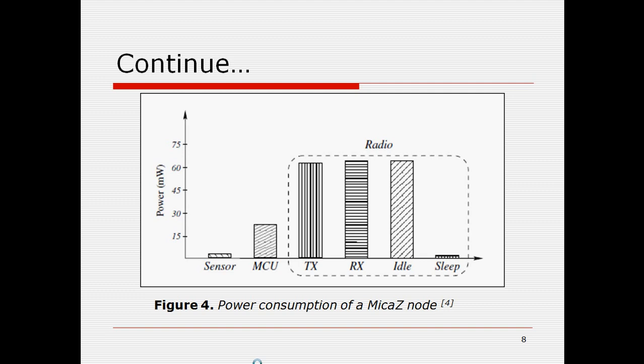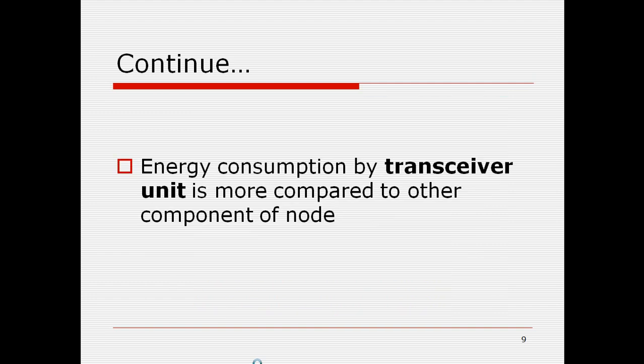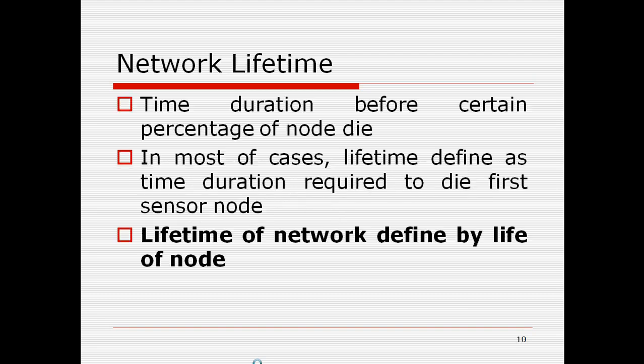These are the modes of the transceiver, and that consumes more energy. So the lifetime of a node can be increased by decreasing the energy consumption of the radio. If we decrease radio communication, then the lifetime of the node can be increased. Energy consumed by the transceiver is more compared to the other components of the node.